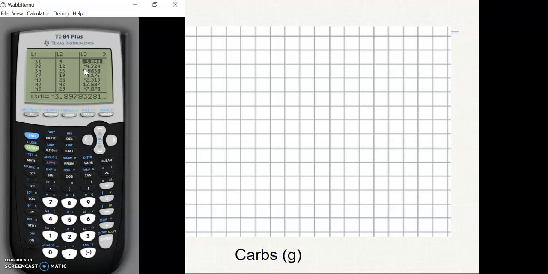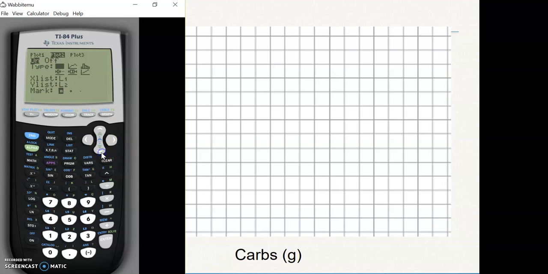That's helpful. You could copy that onto your table and then graph it by hand, or go back to your Y= screen. We're going to turn off Plot 1 and turn on Plot 2. But you need to tell it what Plot 2 is, so you need to tell it what lists to use.